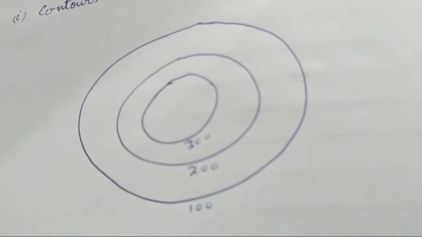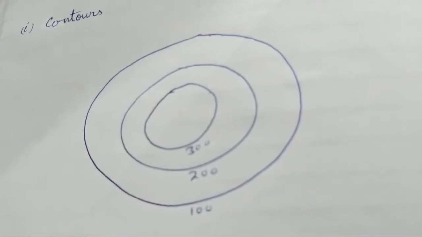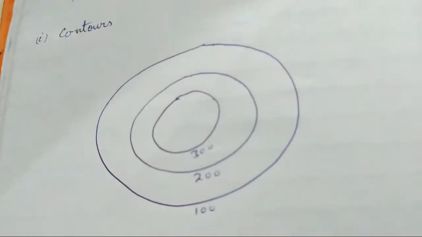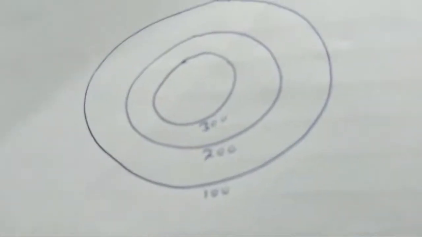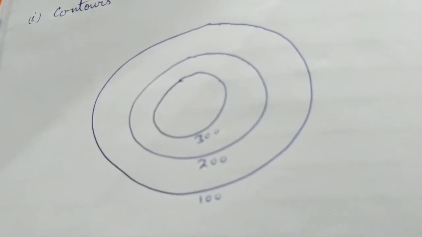This is a very simple definition of contour line. These contour lines are represented by brown lines, they join all the places having same height.